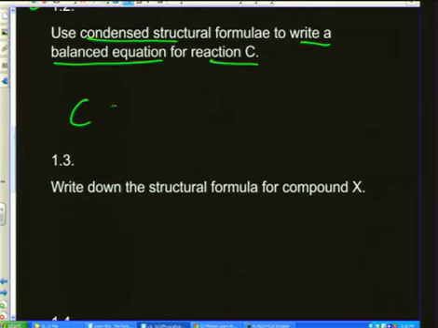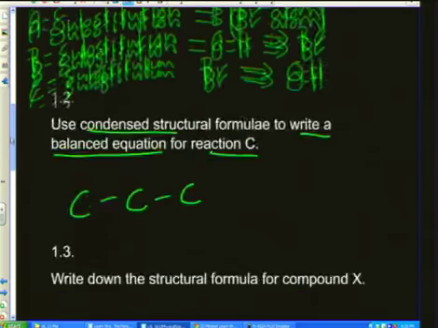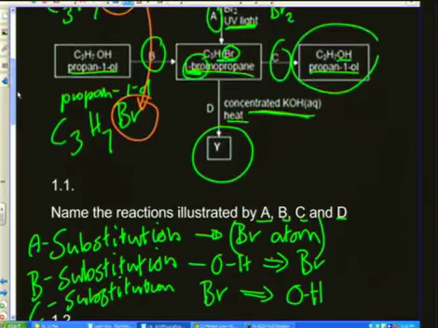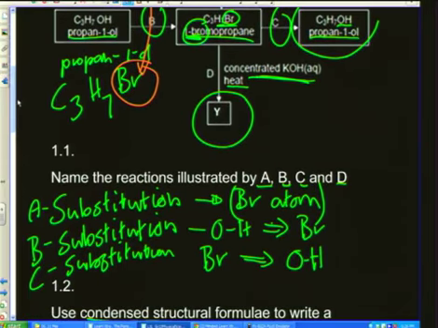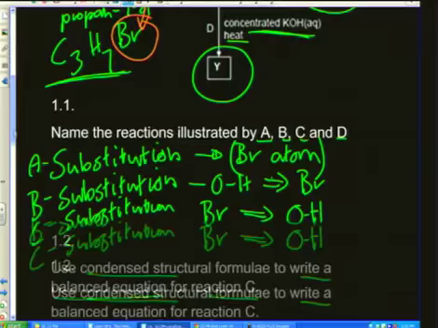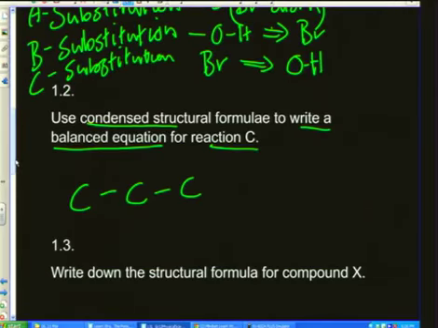Prop is 3, and we want condensed structural formula. We don't want to misread the instructions. We must not just write the molecular formula. We want to show the bonds, but we're going to show the hydrogens. We're going to show that there are 3 hydrogens over there.